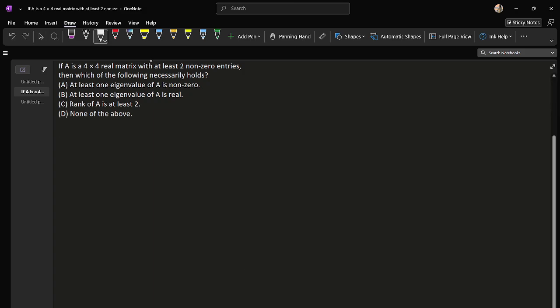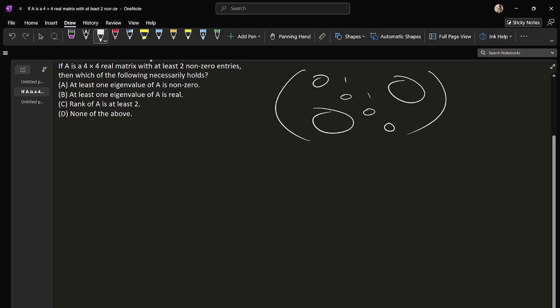That is a false statement, because if we take this matrix, that means 0 1 0 and 0, and all the other terms are 0, then what will happen?